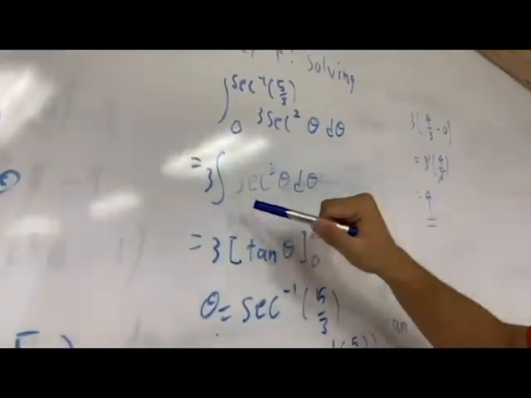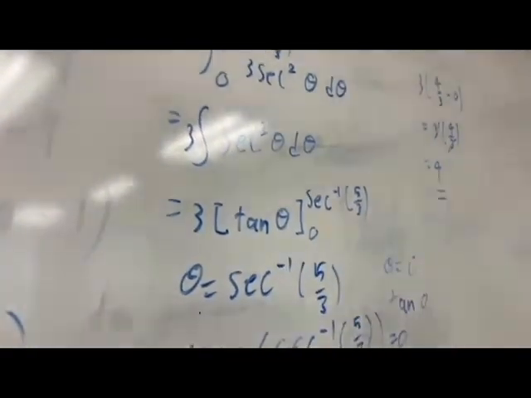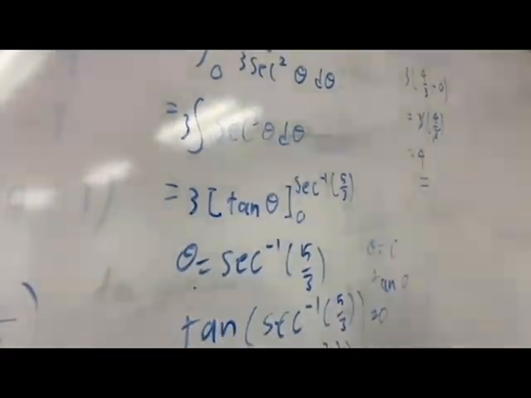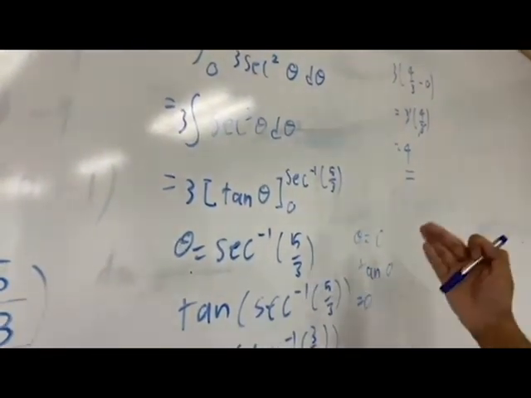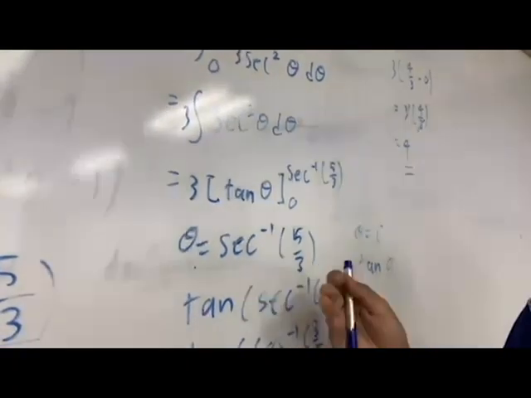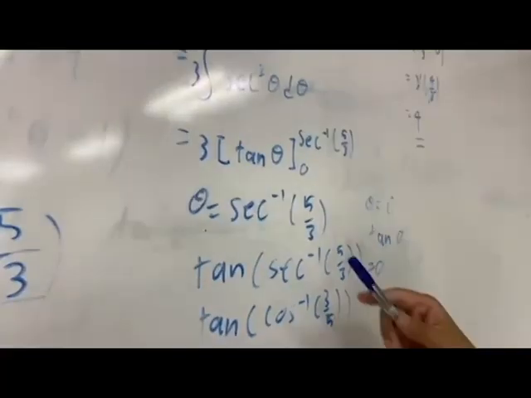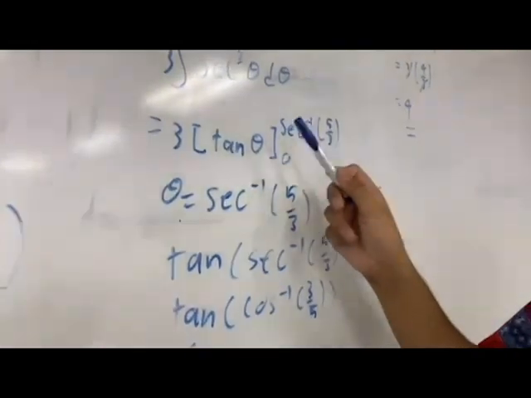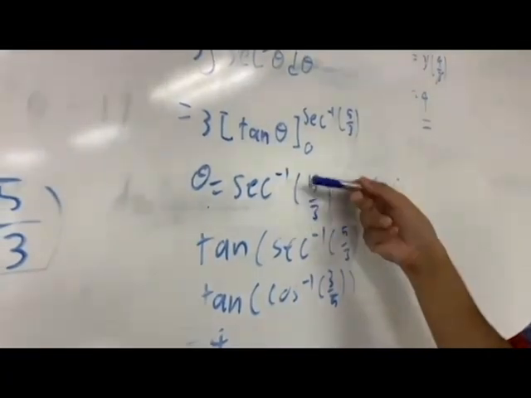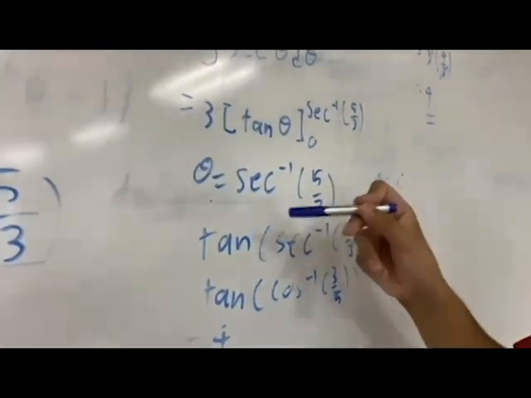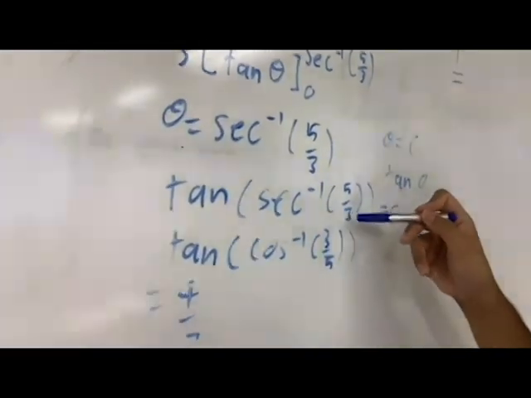After that, we can integrate the equation here, and we get tangent theta. After that, we can put in the limits, since there are 2 limits. First limit, which is inverse secant 5 over 3. We substitute theta into the tangent theta equation, and we get something like this: tangent of inverse secant 5 over 3.